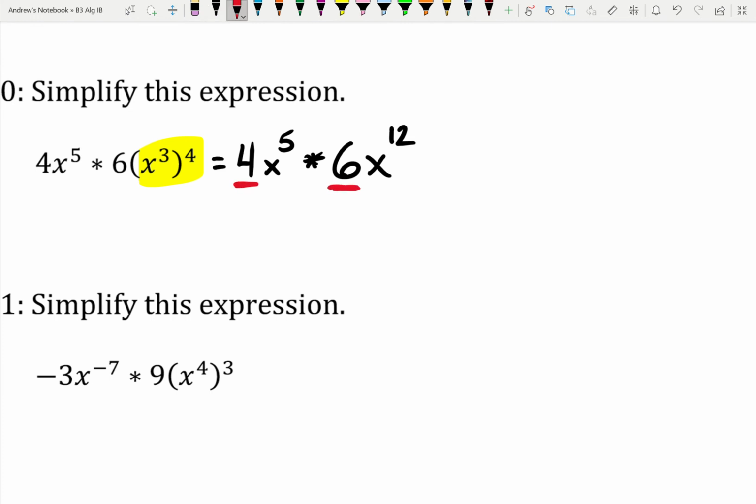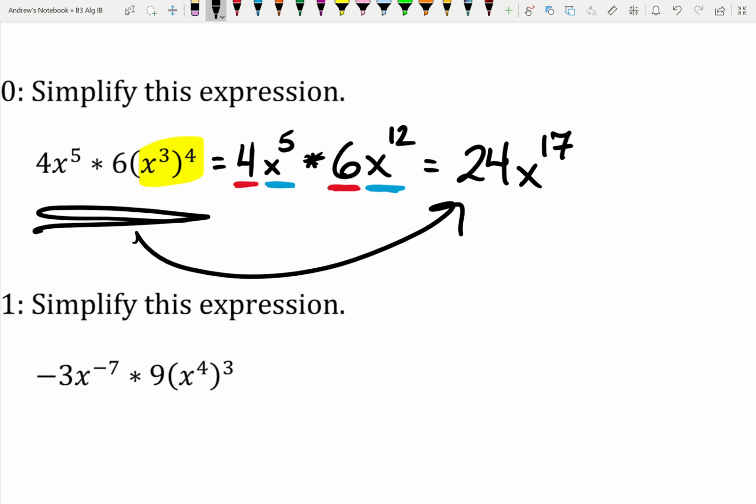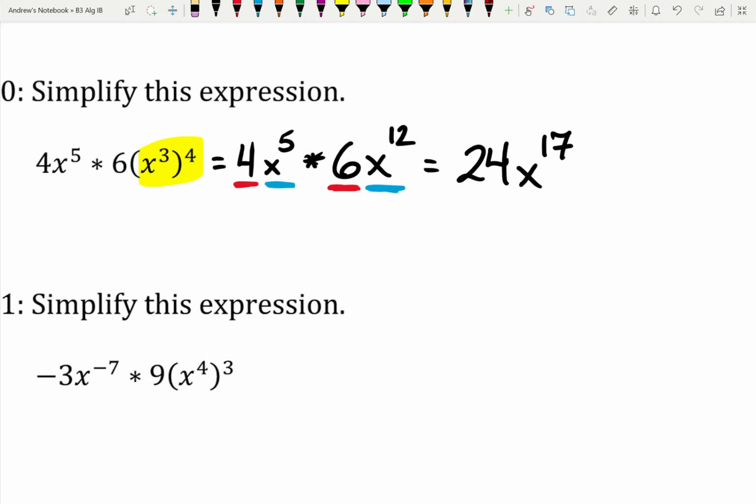So 4 and 6 would multiply each other. These x's would also multiply. So 4 times 6 is 24. If I add x to the 5th, and then I'm multiplying by x to the 12th altogether, I'm going to get x to the 17th. So just take it one piece at a time. There's no need to jump straight from way over here to your answer. We can take that step in the middle.